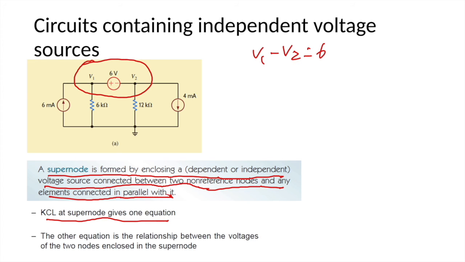So let's take a look at this example. For this supernode, we assume that the current flowing through the 6K resistor is I1, and the current flowing through the 12K resistor is I2. So we can write KCL on the supernode.